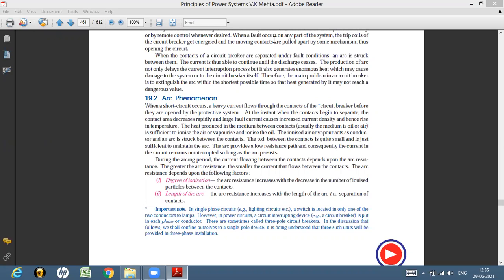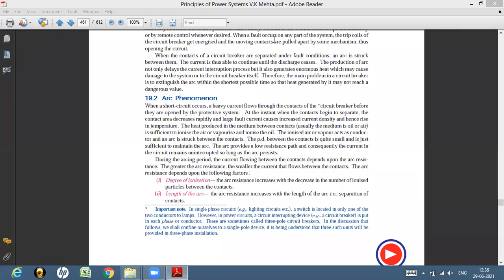The moment the contacts begin to separate, the contact area decreases rapidly while a large current still flows through it, causing increased current density and an increase in temperature. The heat produced in the medium between the two contacts is sufficient to ionize the air or vaporize the oil present in it.